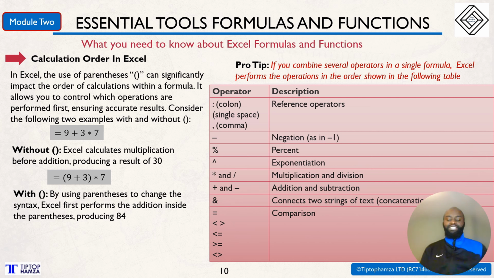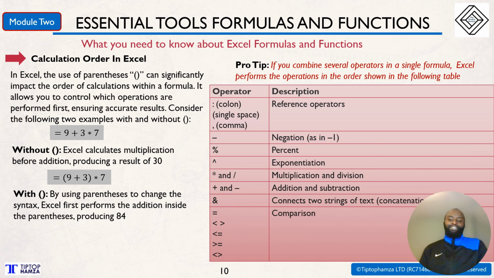In some cases, the order in which a calculation is performed can affect the return value, meaning it can affect the results. Now imagine evaluating 9 plus 3 multiplied by 7 with and without parentheses. In the former case, that is without parentheses, 9 plus 3 multiplied by 7 will yield a result that is equal to 30.